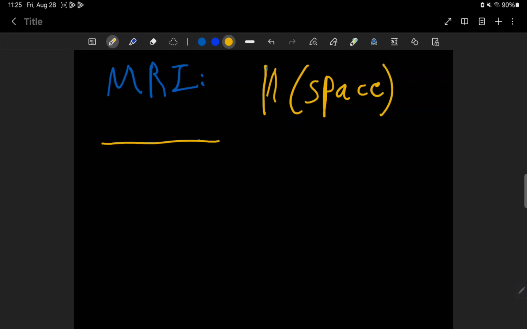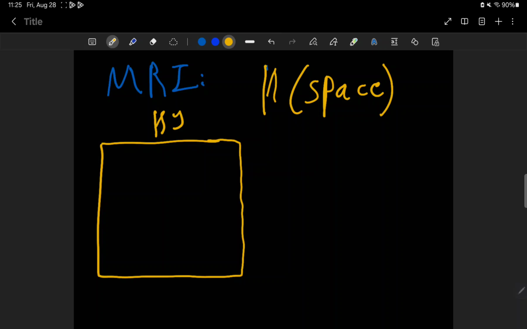So in MRI we have something called k-space, which is the raw material. Here we have the ky and the kx axes. The raw material would be something like this.